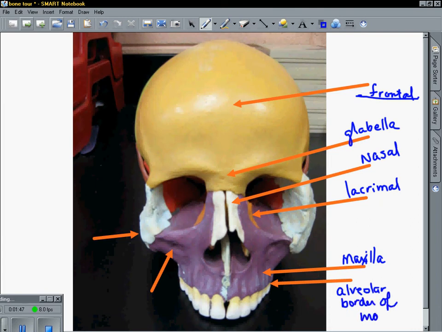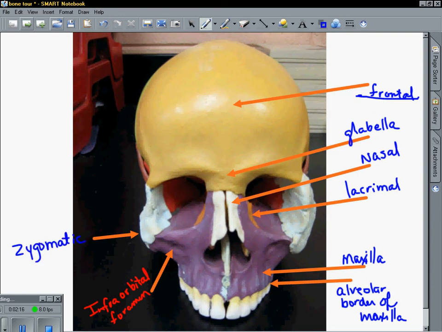We have to put that because there's another alveolar border on the mandible. The little hole below the eye is the infraorbital foramen. And then the bone I had to mold in because it got lost is the zygomatic.